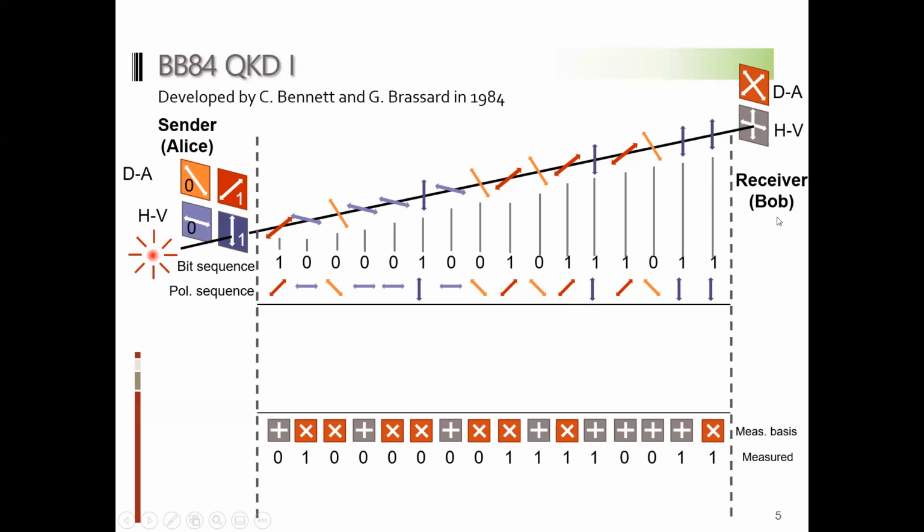At the same time, Bob also tells Alice what kind of basis he measured, like the TA basis for the first one, and then HV for the second one, HV, TA, and so forth. So they only announce their measurement basis after the measurement is done.